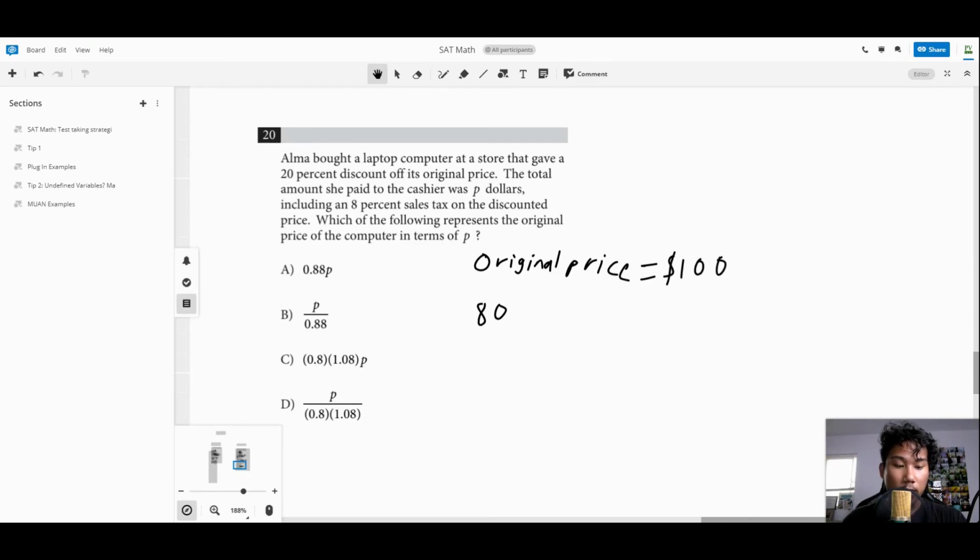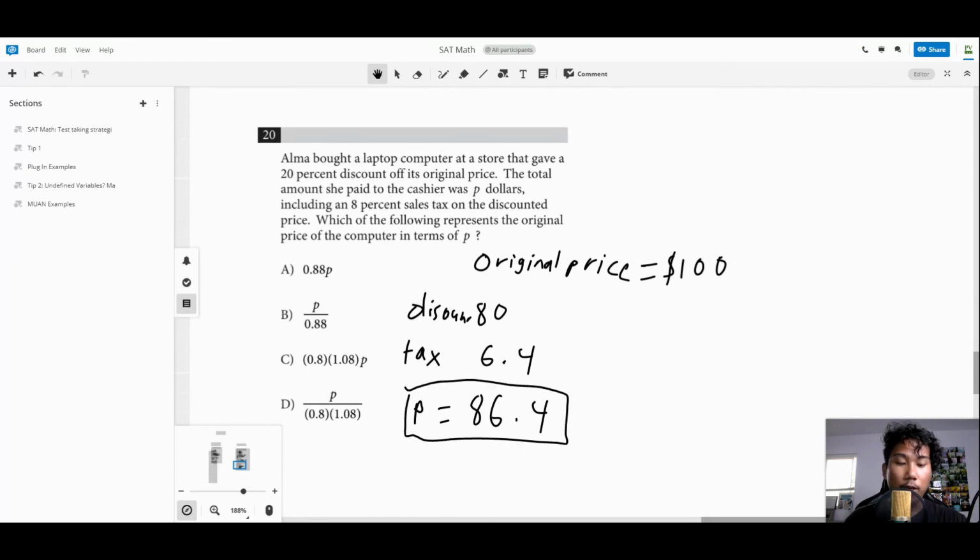So $80 is the discounted price, and the tax is $6.40, which means that the total price, so P, is 86.4.